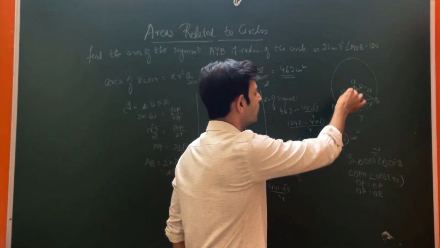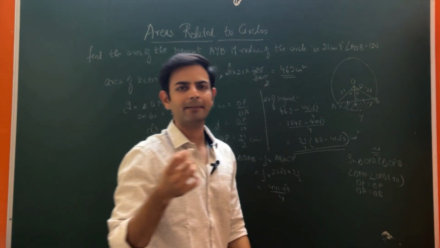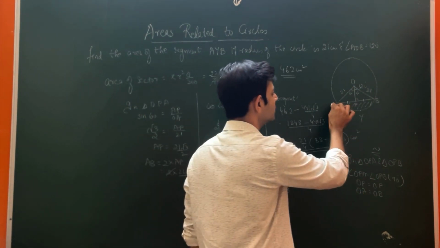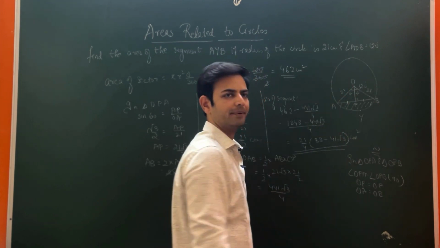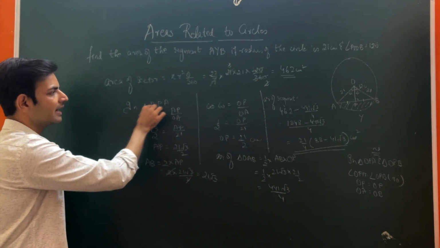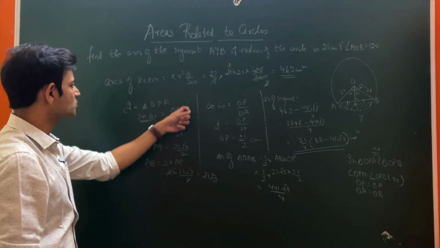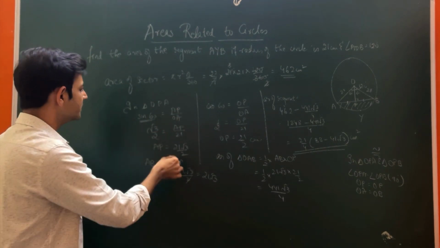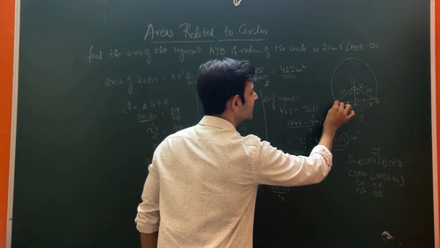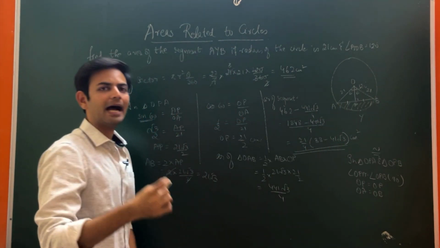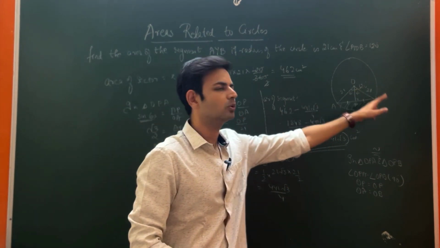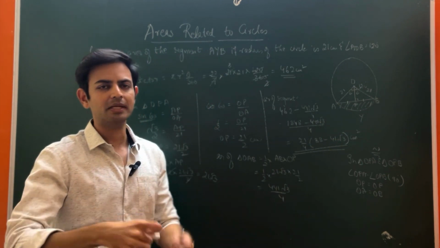Now we'll use one of the triangles with the help of trigonometry to get the value of AB and OP. So here we have taken triangle OPA and sine 60 is equal to AP upon OA. So with the help of sine theta, we get the value of AP, and because AP is equal to PB, once we get AP, we double the value.